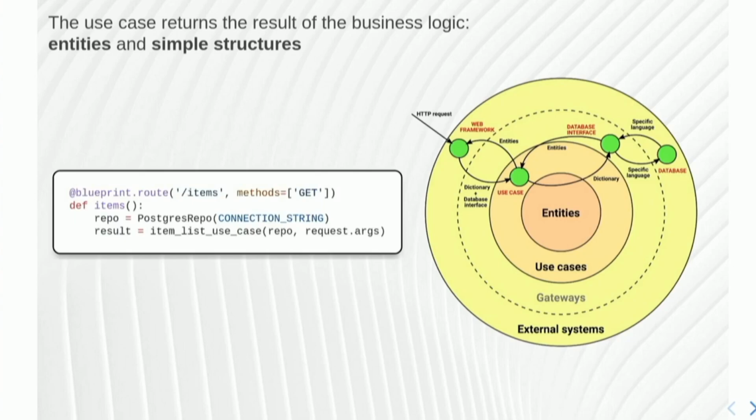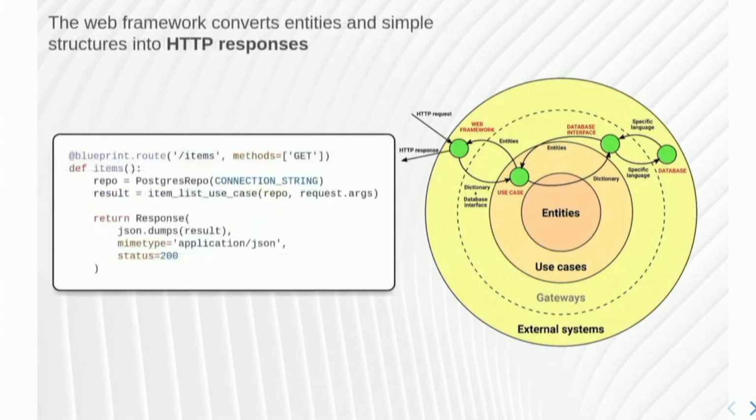The web framework knows about entities. So this can still be an entity, a model that I created. The web framework, again, has one task, that of converting the entities, which are specific models of my business, into something that is understandable outside.